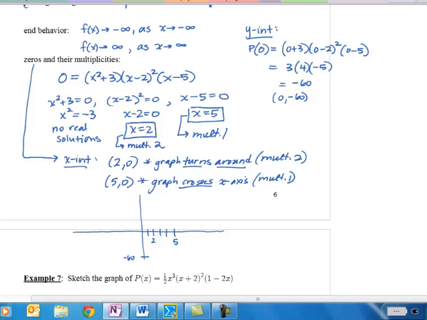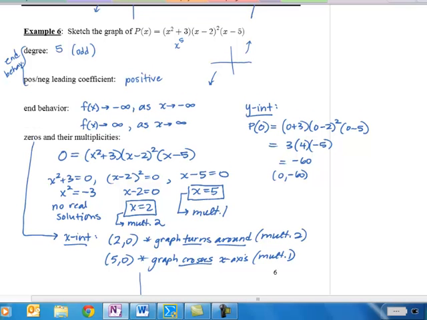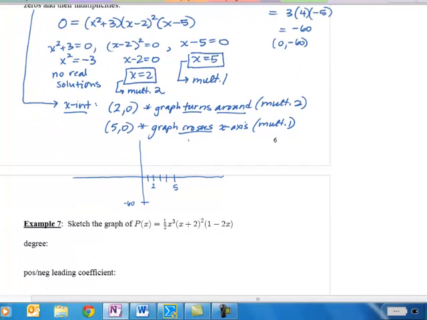And we know the end behavior is like the x to the 5th graph with a positive lead coefficient. So like we had sketched up there. So we know the graph is coming this way and down on the other side, heading to negative infinity.